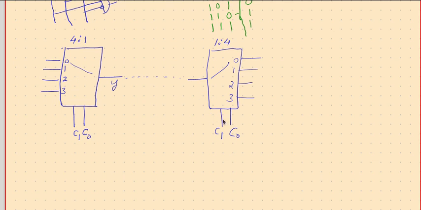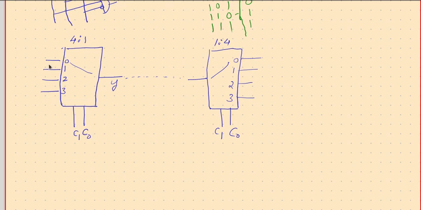Now the advantage of the multiplexer demultiplexer combination is, when you want to transmit four data to a remote place, instead of having four lines you can have a single line and use the multiplexing action.